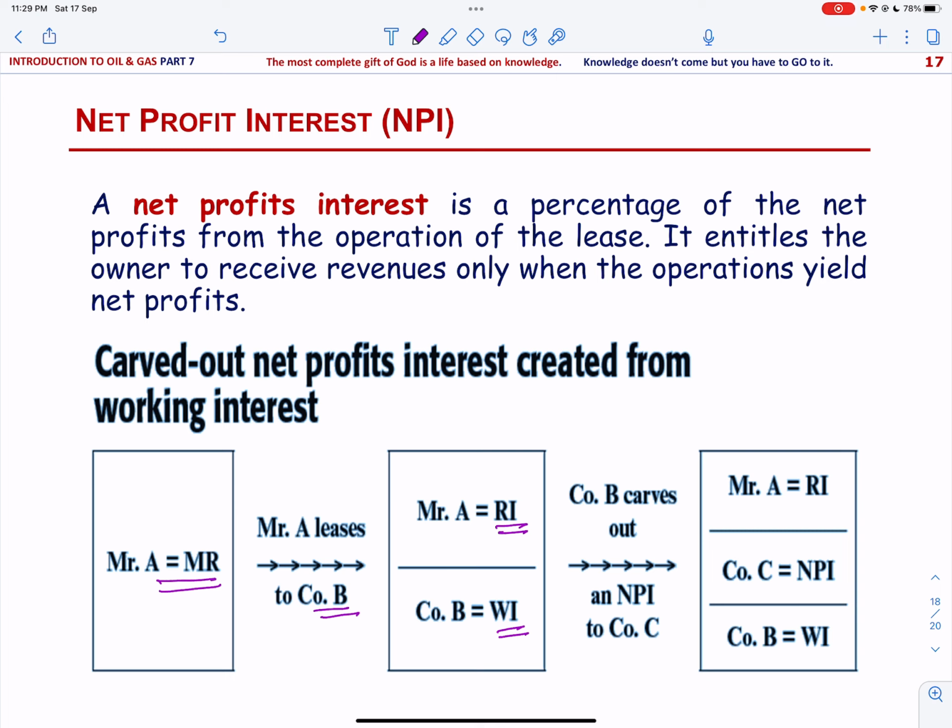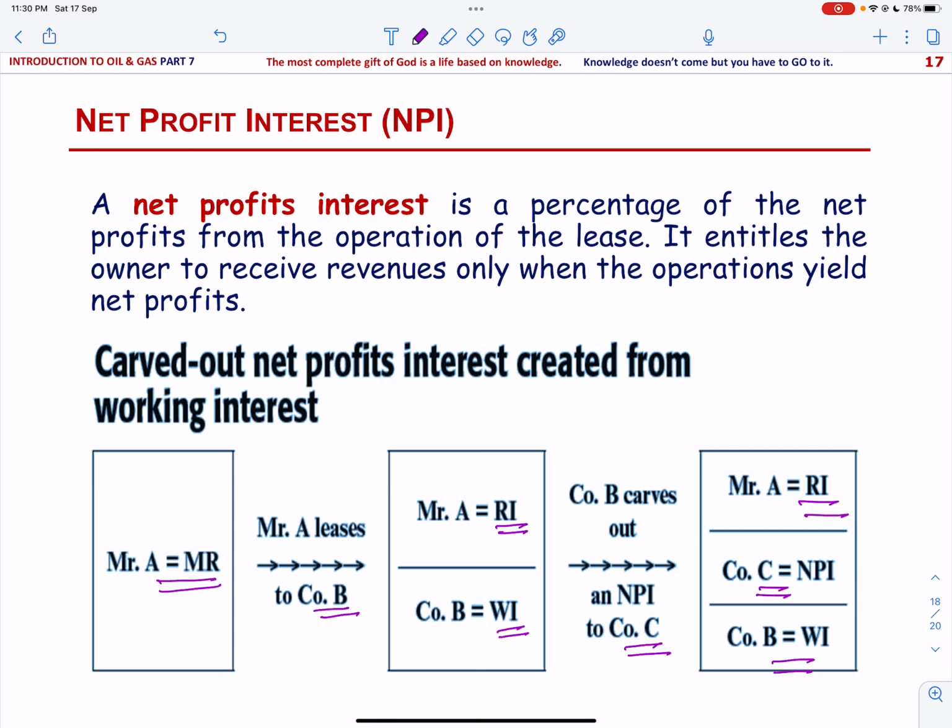Now company B carves out a net profit interest to company C. So Mr. A has the royalty interest, company B has the working interest, and C has the net profit interest.